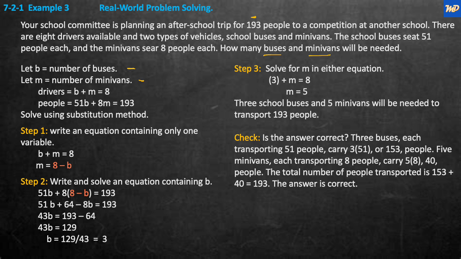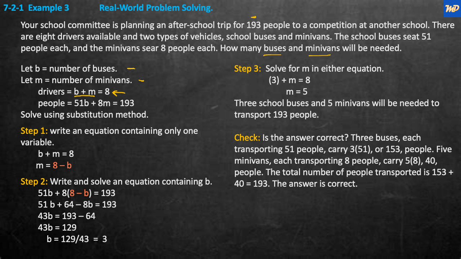We have 8 drivers, and those 8 drivers are going to be driving the buses plus the minivans, because each vehicle needs one driver. So M plus B, the number of M's and B's added together, gives you how many drivers you have.